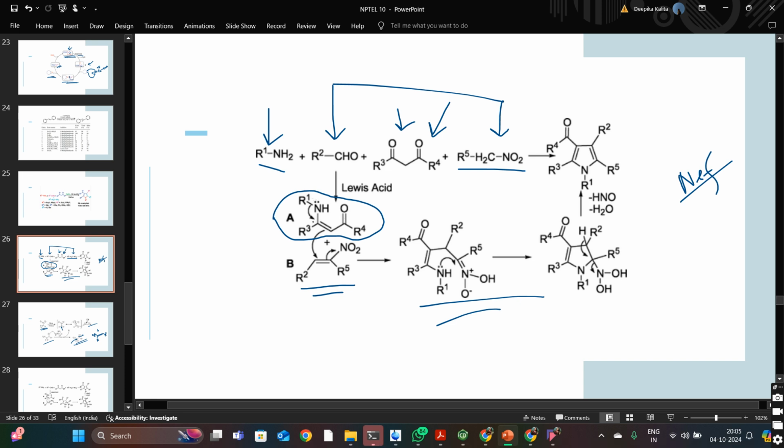The attack is going to happen from this double bond to the double bond of nitroalkene, and we are going to get this amine. Now this 5-membered ring will form because of the attack of this amine at the nitro group, and at the end we are going to get the aromatized product, which is this pyrrole molecule.